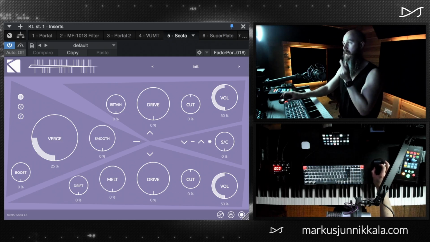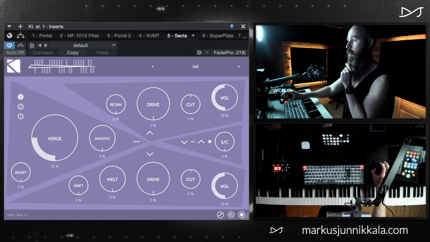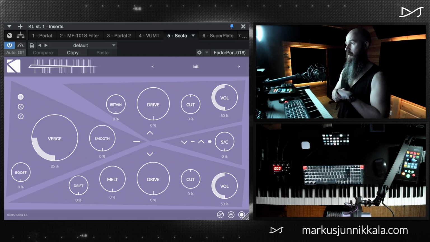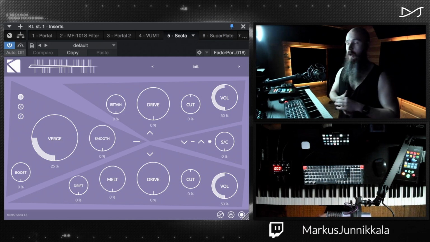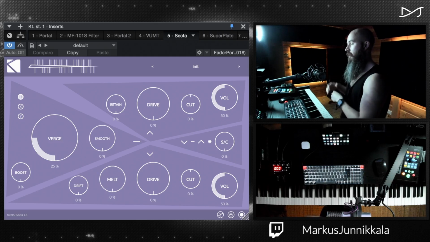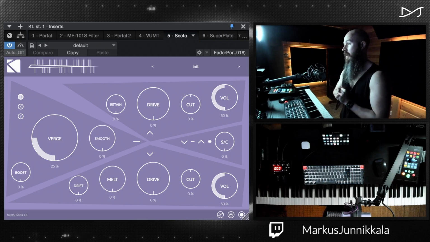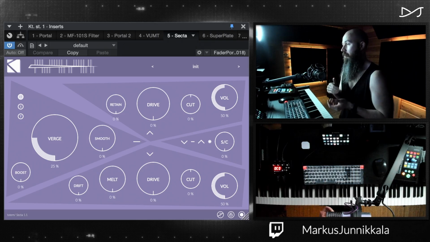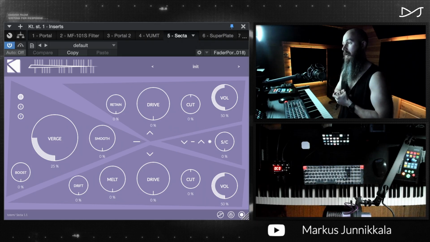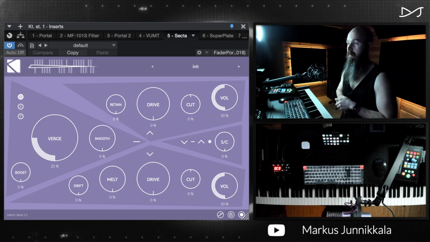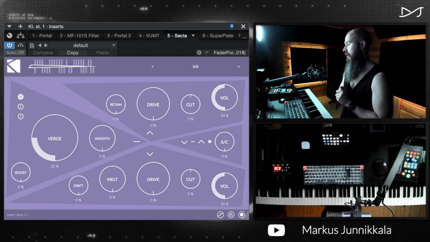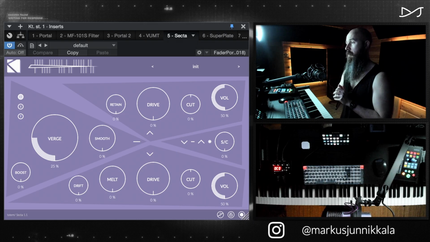So if I understand that correctly, there's no mix output control. You can't do wet, dry stuff without doing your own routing in your DAW. I understand what they mean by that, but it's like you can use it fully wet if you want, and you could use it in a not fully wet way.